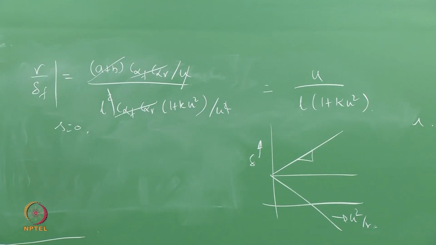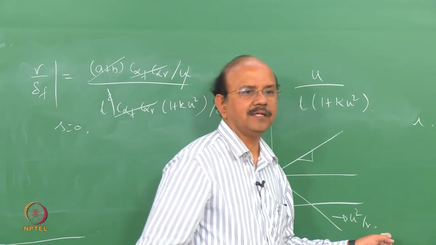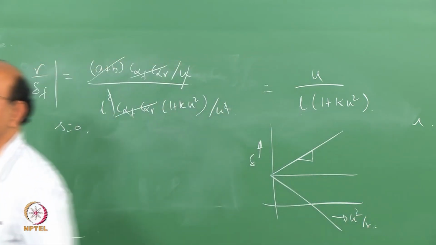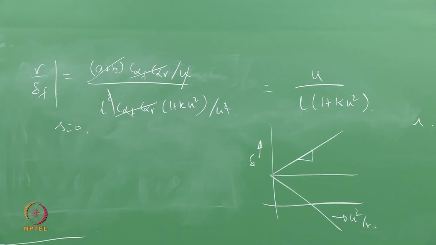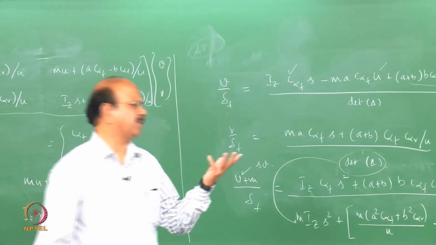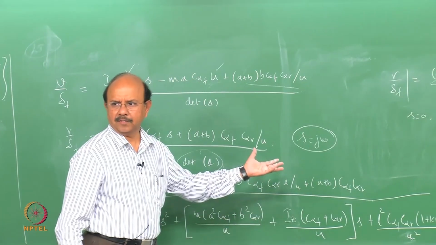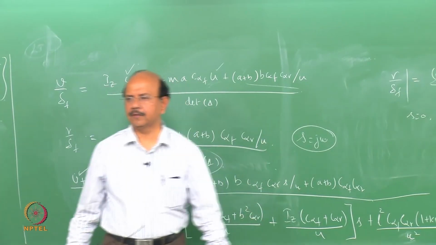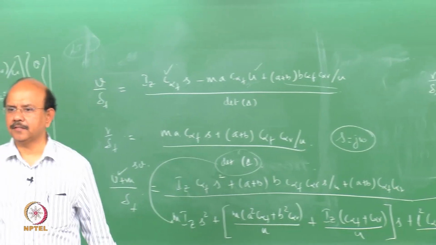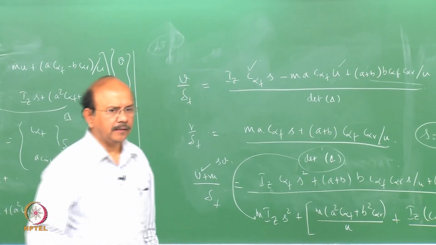That's the K. Because it is the gradient in the graph between delta versus the lateral acceleration, we call this the understeer gradient. People sometimes call this the understeer coefficient. It doesn't matter, but remember that's the word that is used.